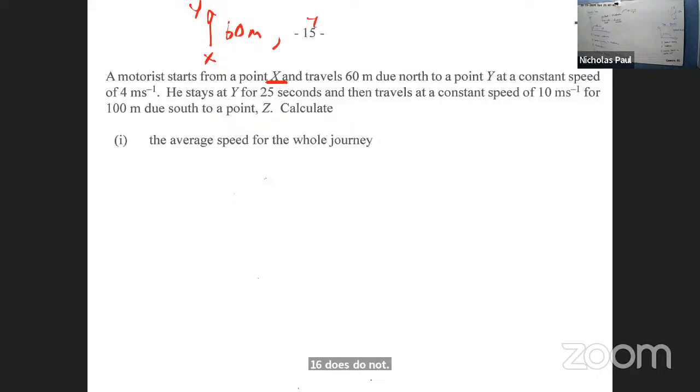So you're leaving X and going to a point Y, 60 meters due north at a constant speed. See if you can put the input together and then find total distance and total time. Okay, when you have a few minutes, try it quick.